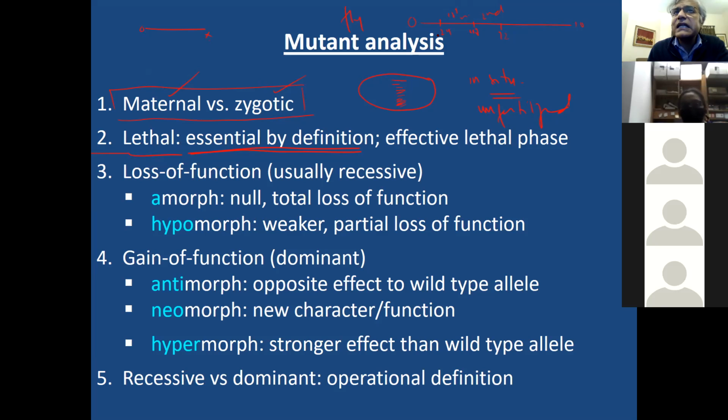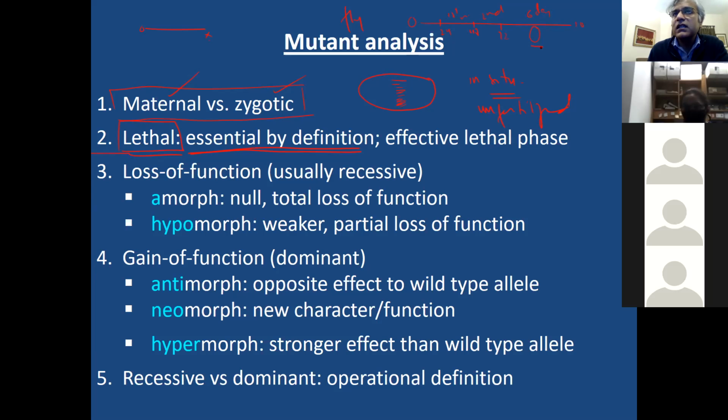So you have to discover the phase of development, the time of development, where this lethality is happening due to loss of your mutation. It may grow all the way to pupal stage, up to 6 days, and then from the pupa, it never hatches.